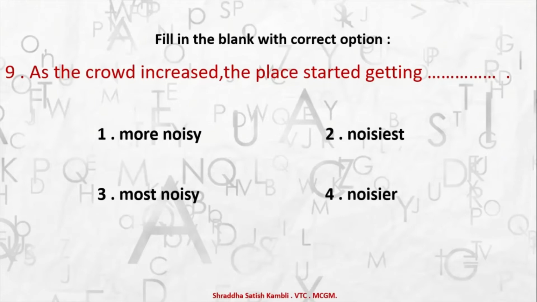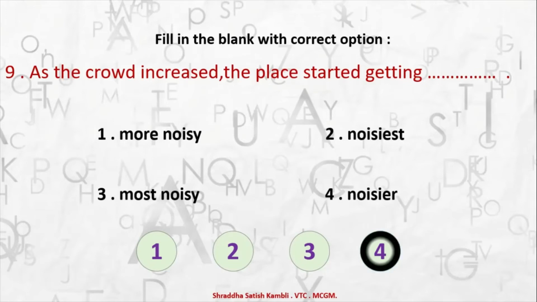The place started getting most noisy, or the place started getting noisier. So for noisy, does it become more noisy or does it become noisier? Which is the correct one? The fourth one is the correct one. As the crowd increased, the place started getting noisier. So you see the Y has been dropped to take the IER.